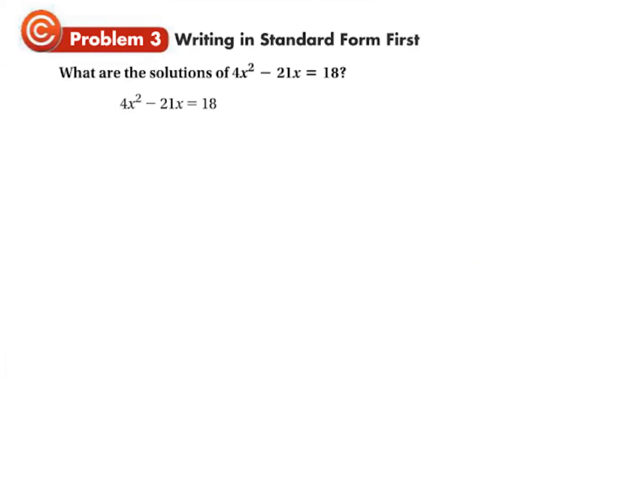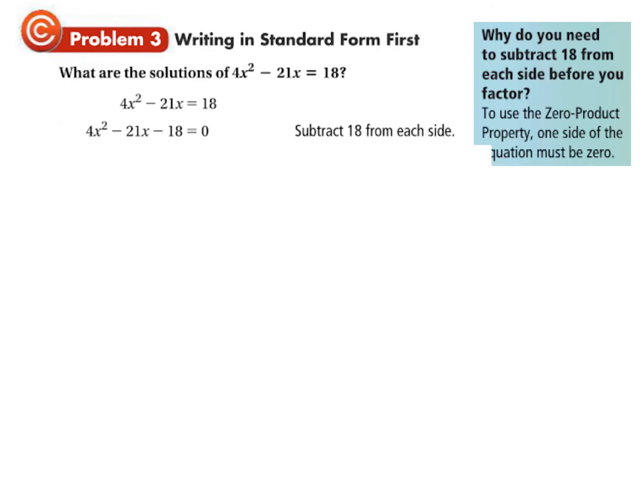Now, as the name of this problem suggests, you might sometimes need to first write the equation in standard form. So what are the solutions of 4x squared minus 21x plus 18? The first thing it says to do is to subtract 18 from both sides. Why do we need to subtract 18 from both sides? Because the zero product property states that the whole thing is equal to 0.